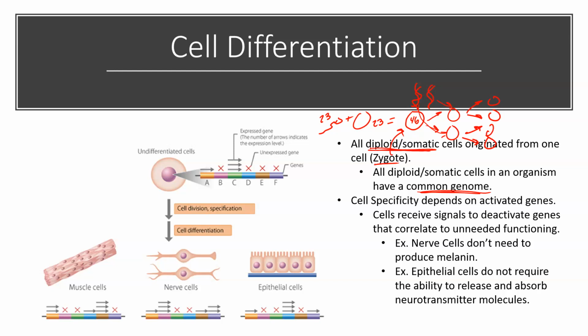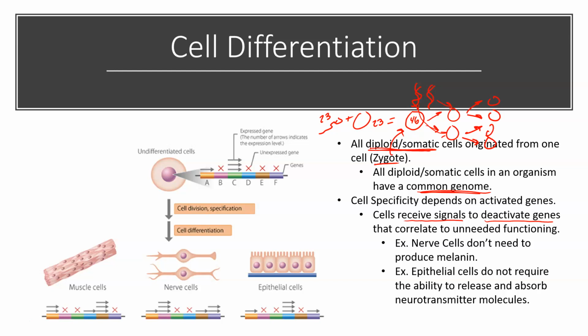So the original skin cell, when it divides into 2 new skin cells, is going to quickly send signals. Therefore, the new cells that were just produced are going to quickly receive those signals, and the signals are going to signal the deactivation of specific genes. It's that simple. We want to deactivate genes we don't need, and therefore leave active the genes we do need.